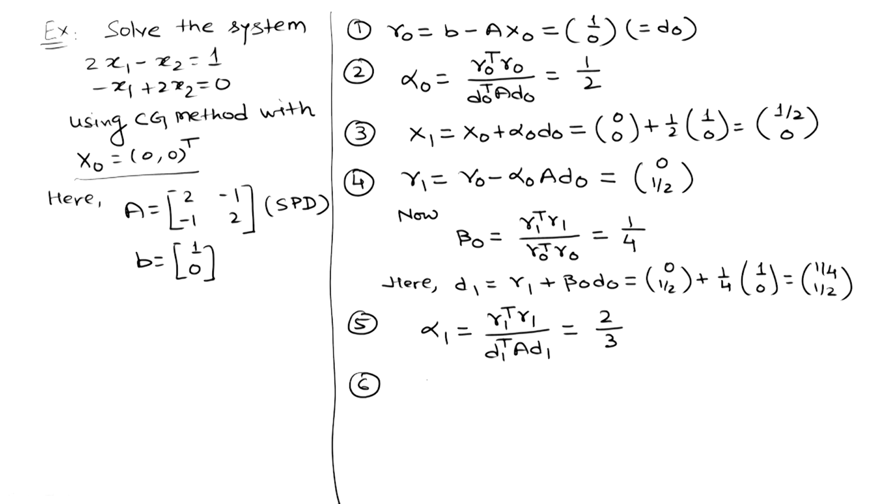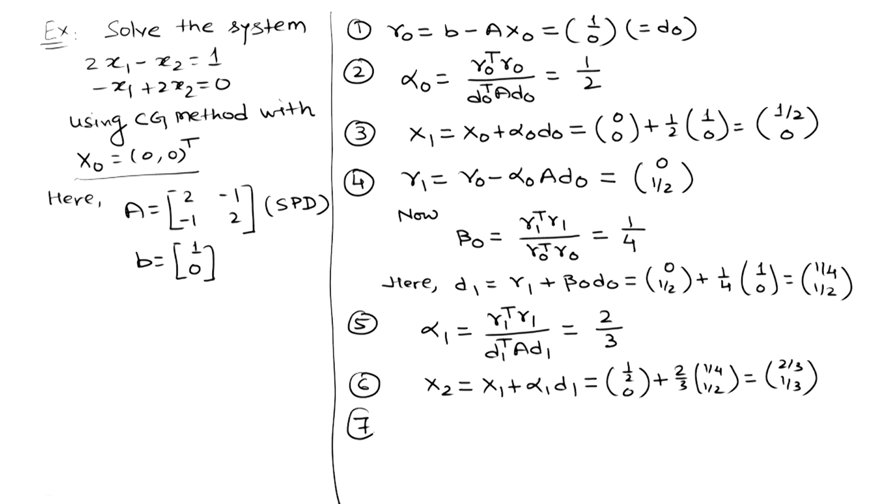If I have alpha1, I can calculate the next approximation of the solution, that is x2, which is x1 plus alpha1 d1. So, x1 is with me here, which is (1 by 2, 0), plus alpha1 is 2 by 3 and d1 is (1 by 4, 1 by 2). So, this becomes (2 by 3, 1 by 3).